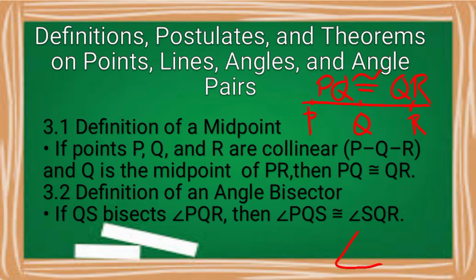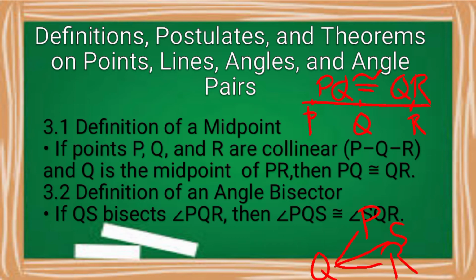This is Q, this is R, and this is P. The angle bisector is S. So if QS bisects PQR, it means that angle PQS is congruent to SQR. I'm sorry if I cannot make a straight line.